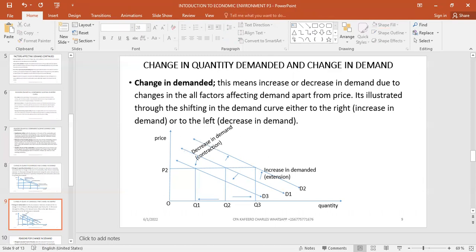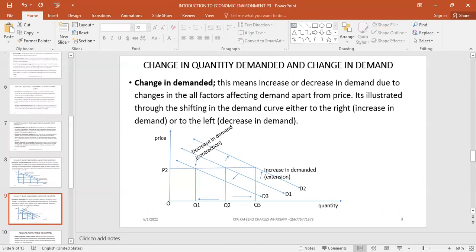Allow me to proceed, because as we said, these changes in quantities demanded and change in the demand itself, we expect that they must be influenced by other factors, and these factors which cause the demand to change, we said those are the very factors which influence the demand itself.